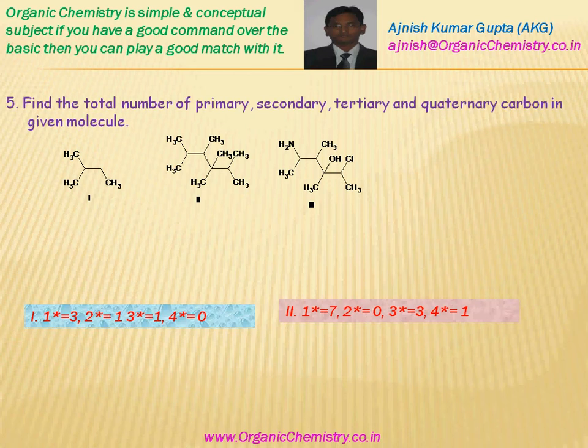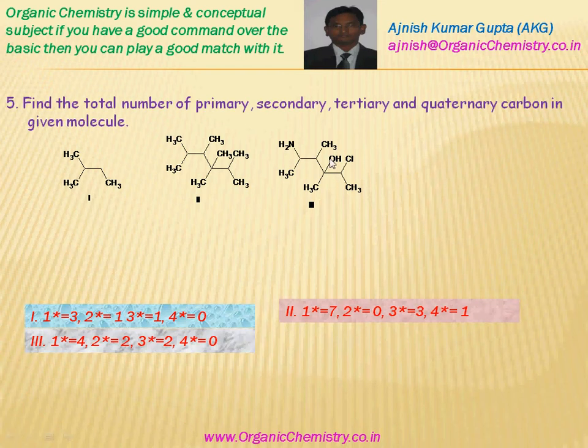Look for this molecule. This carbon is primary. Look for this carefully. This carbon is attached to 2 carbon. One side has nitrogen. So this carbon is secondary, tertiary, primary, primary. This carbon is again tertiary because this carbon is attached to 3-sided carbon.